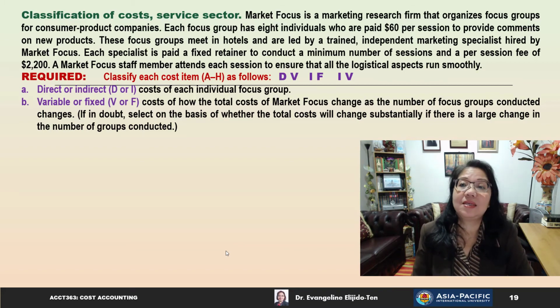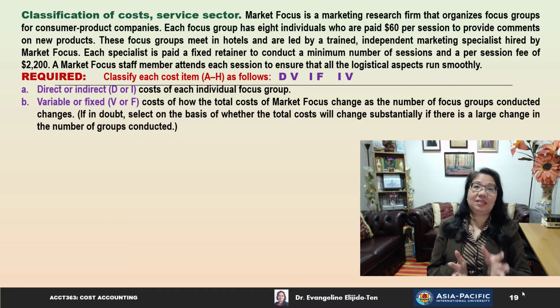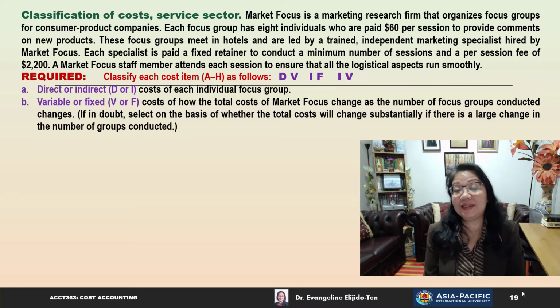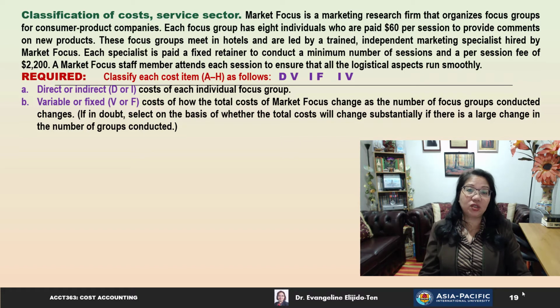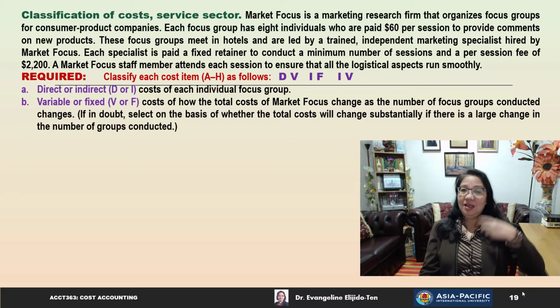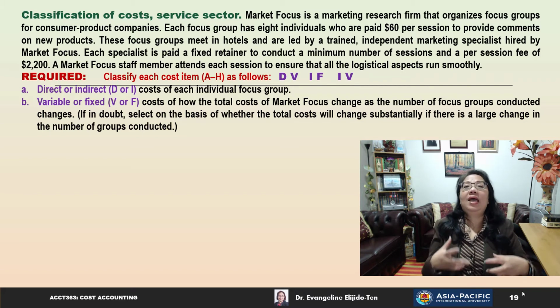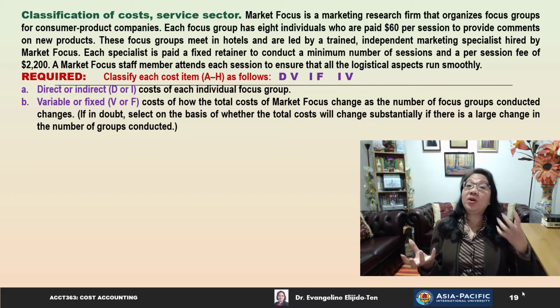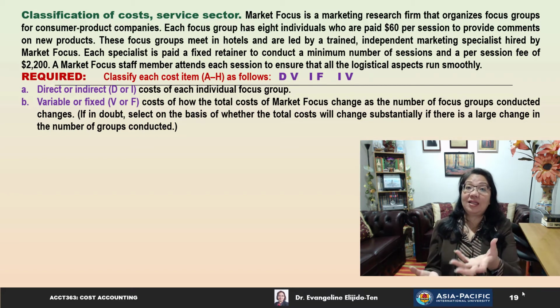In this exercise, we are going to classify the costs for a company that is involved in the service sector. So far in this lecture, I have introduced you to two types of companies, merchandising and manufacturing. There is a third type, and that is the service company.